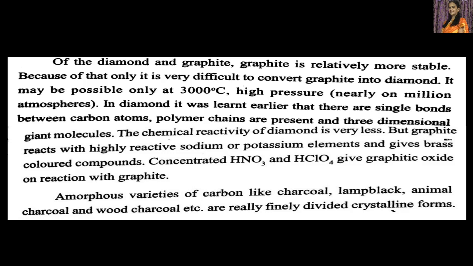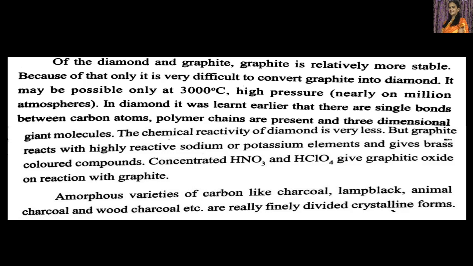On heating graphite to 3000 degrees centigrade, it becomes diamond. And high pressure is also needed, nearly 1 million atmospheres. This is the high pressure we should apply, then only it will be converted to diamond.